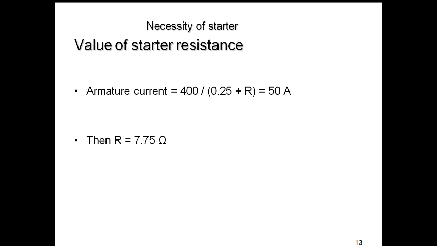Means in this example, in order to limit the high starting current, we should introduce a resistance of 7.75 ohms in series, and this resistance is called as the starter resistance.